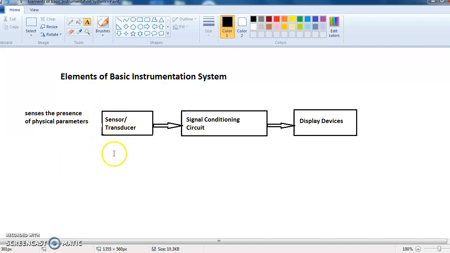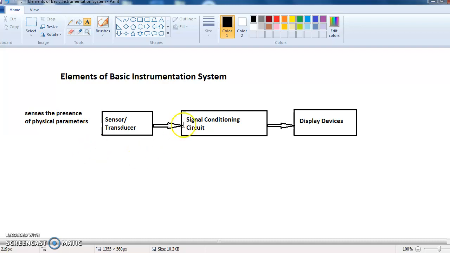Again, if I take a piezoelectric sensor, now what happens there? In a piezoelectric sensor, if I apply pressure to the sensor, I get output in the form of an electrical signal. So sensors can give me output in the form of physical parameters or in the form of electrical parameters.